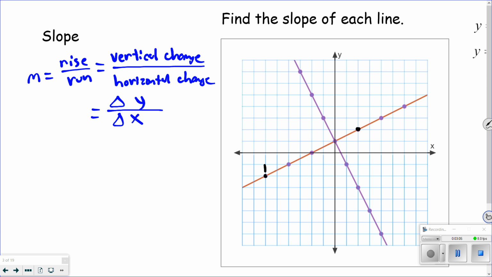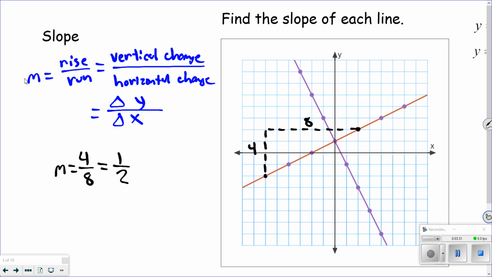It goes up 1, 2, 3, 4, so a positive 4. And it goes over 1, 2, 3, 4, 5, 6, 7, 8, so it goes over 8. So our ratio is 4 over 8, which reduces to a half.